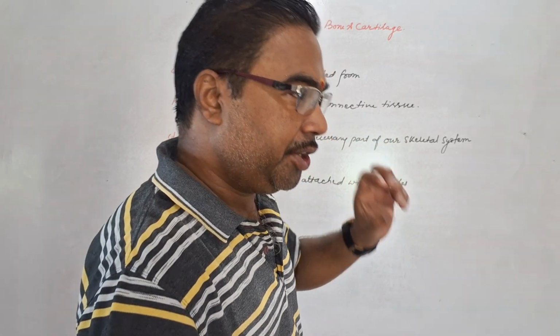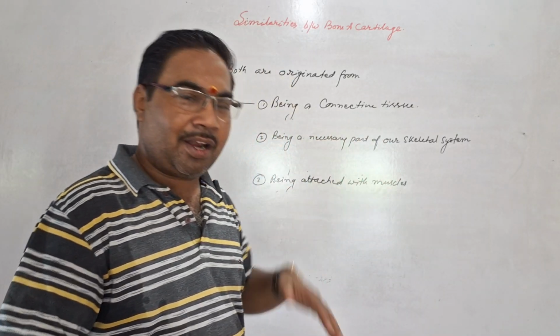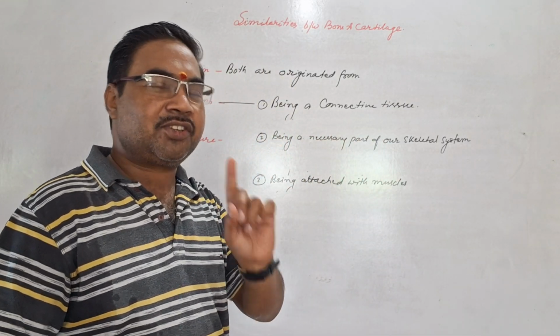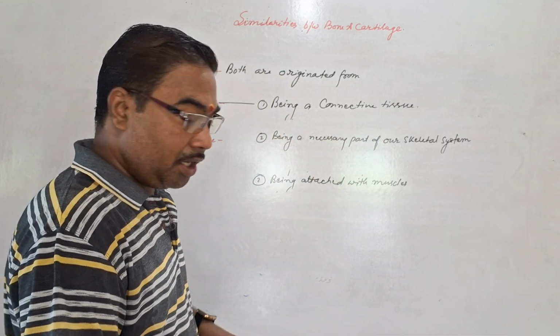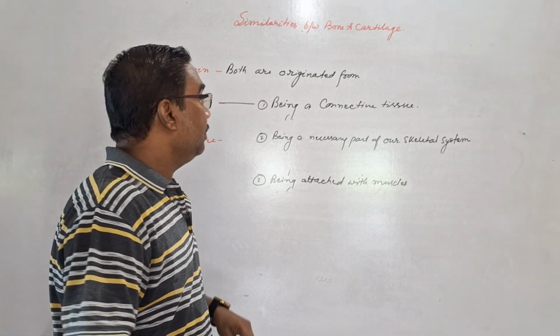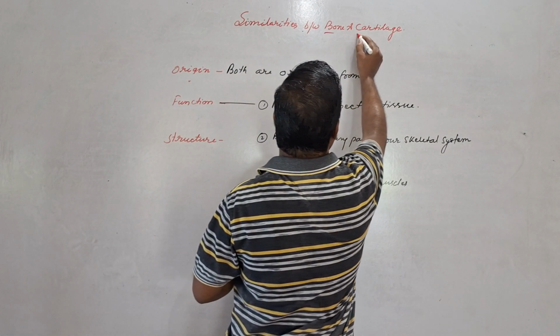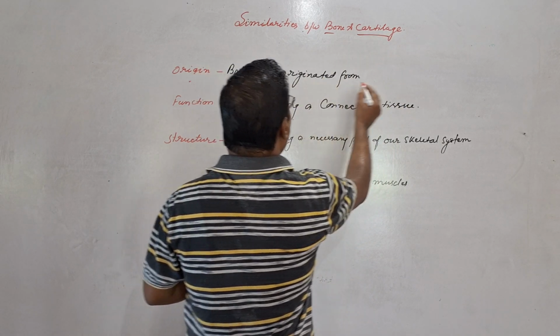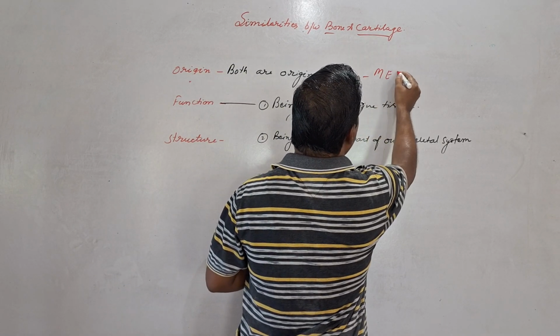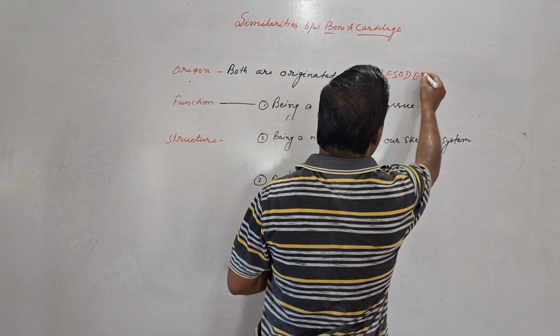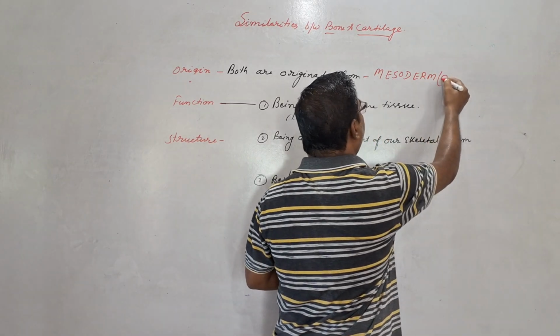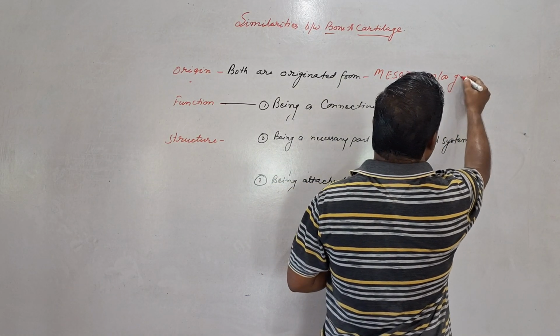So all the tissues you are studying must have a common origin. Bone and cartilage both originate from mesoderm. What is mesoderm? It is a germ layer.